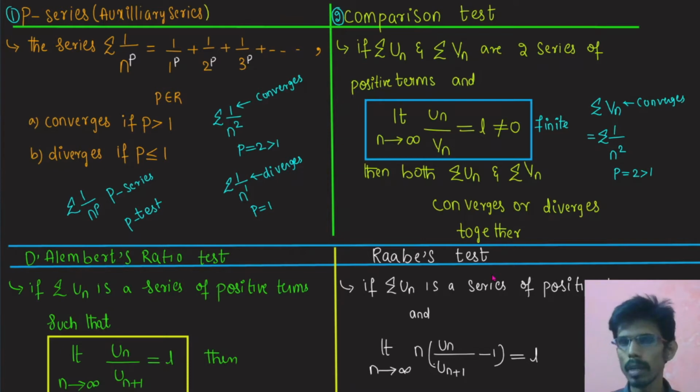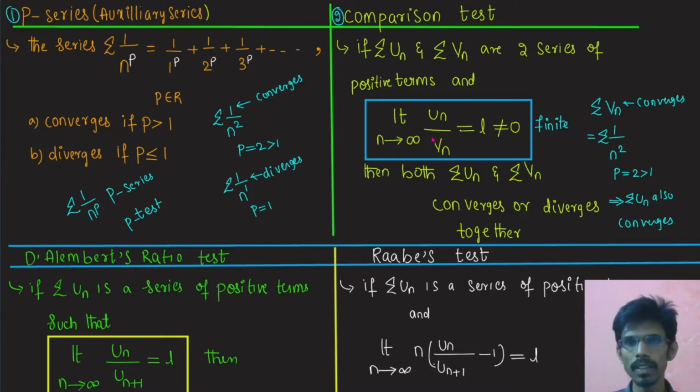That automatically says sigma un also converges, because the comparison test says both converge simultaneously or both diverge simultaneously, but the ratio should be finite.